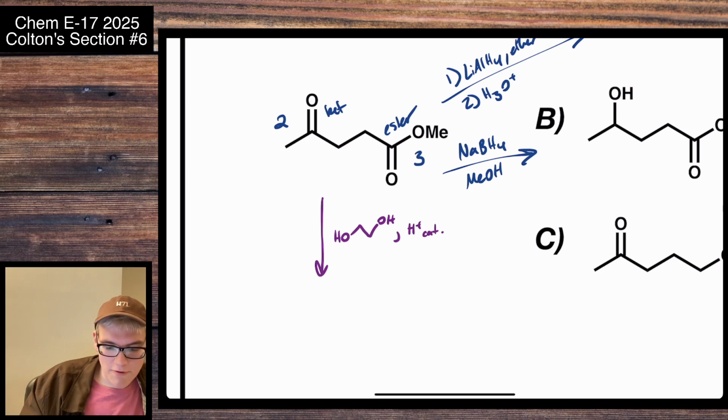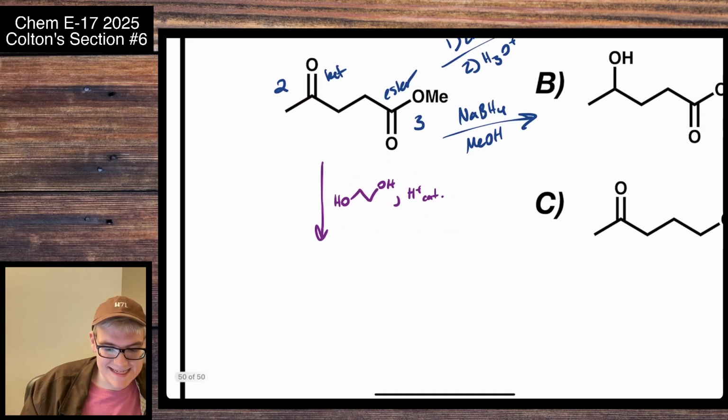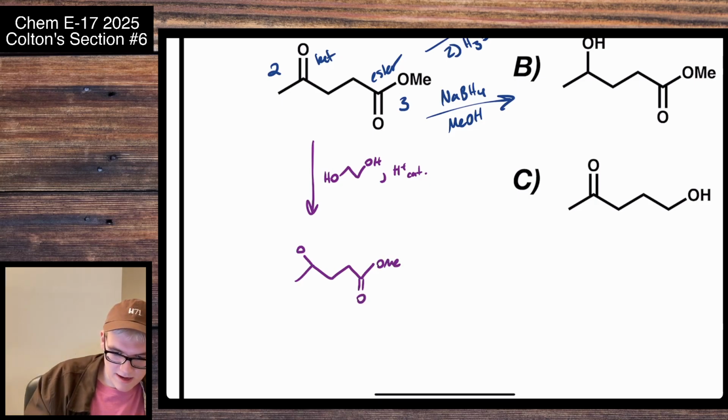So if I'm having alcohols, H plus, and a ketone, well, those are the reagents for an acetal. So our fake mechanism for writing the product of an acetal reaction is we erase the carbonyl and we put two OR bonds in its place.